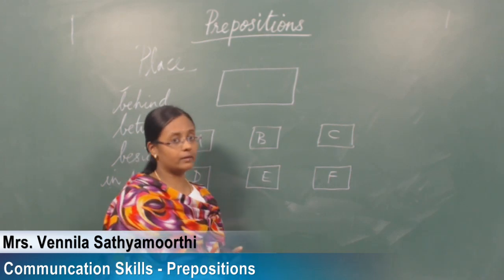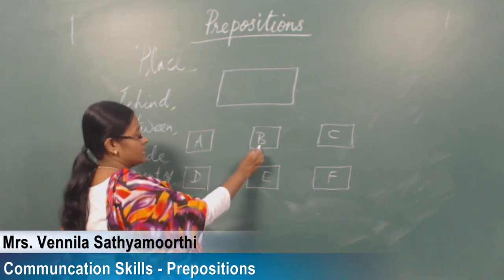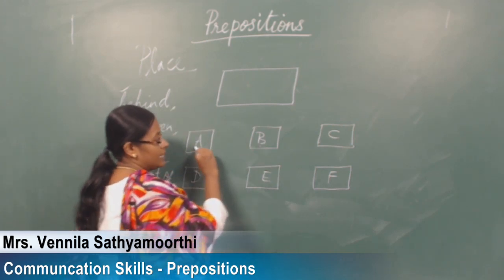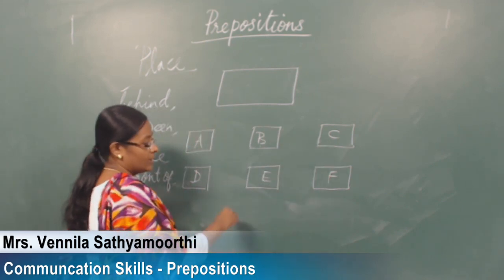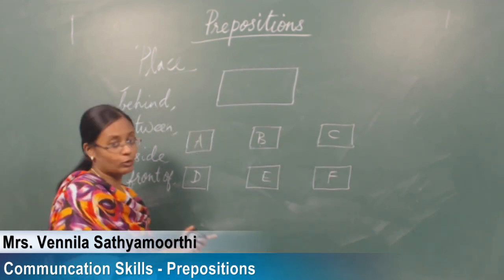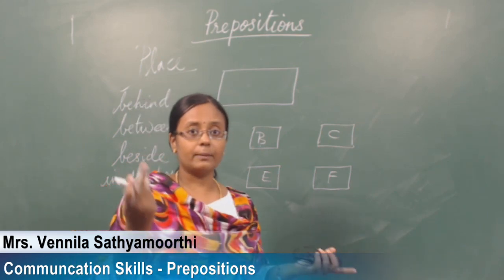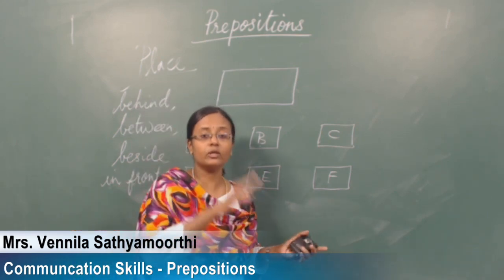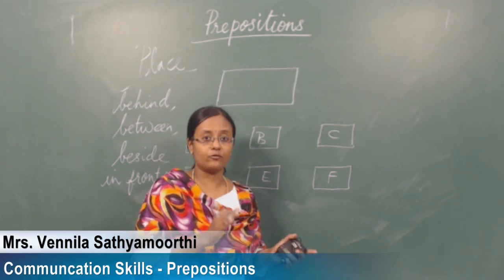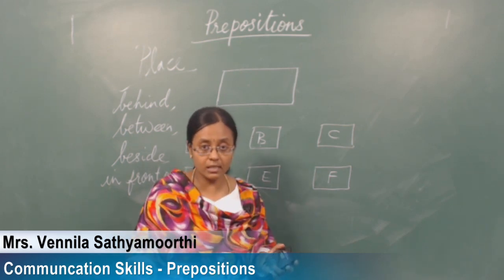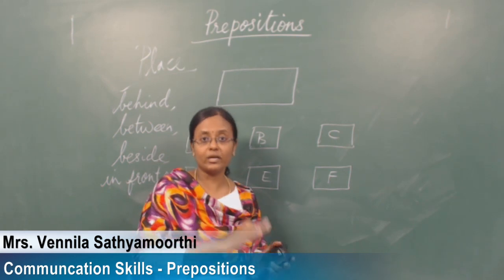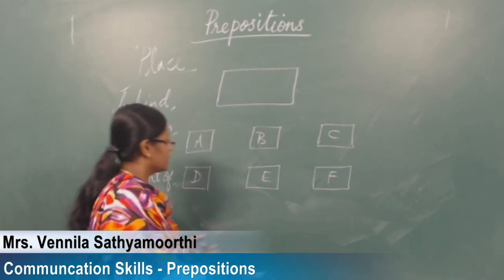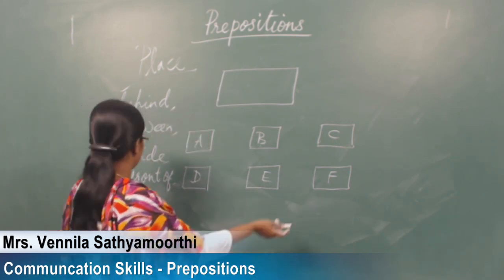Actually it should be "and". So B is sitting between A and C. At least in position I think you will be clear. Only when we talk about time maybe people get confused and they say between 2 to 5, which is wrong. It should be between 2 and 5. The class is from 5 to 6, or the class is between 5 and 6, right? So here E is between D and F.